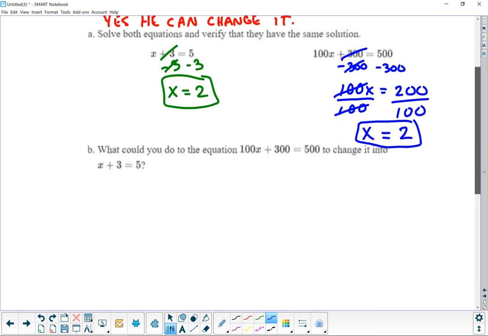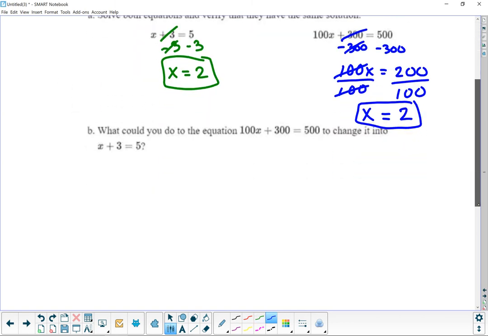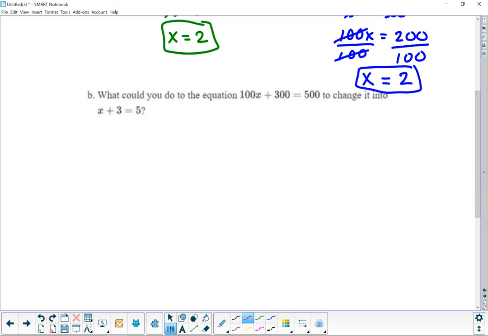Right? So looking at part B, what could you do to the equation 100x plus 300 equals 500 to change it into x plus 3 equals 5? What we can do is take this equation right here and divide both sides by 100. So left side by 100 and right hand side by 100. And because we're dividing by 100, each of these terms is divided by 100.